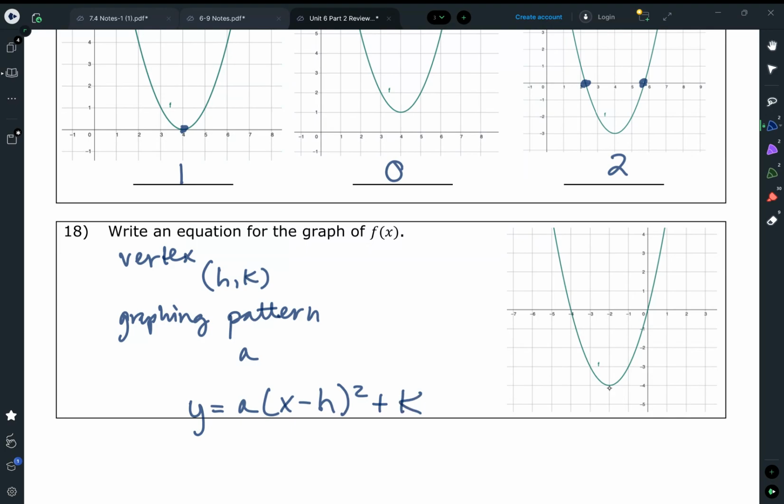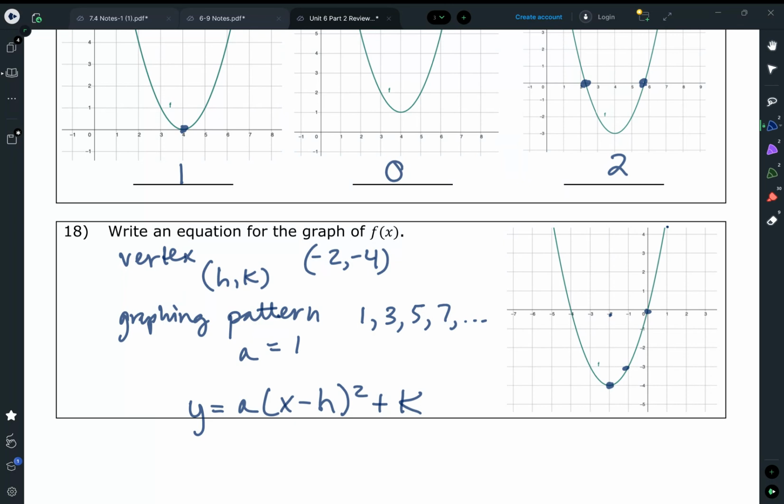So vertex here is at -2, -4. My graphing pattern is 1, 3, and it looks like 5. So it's my normal graphing pattern, so a equals 1.